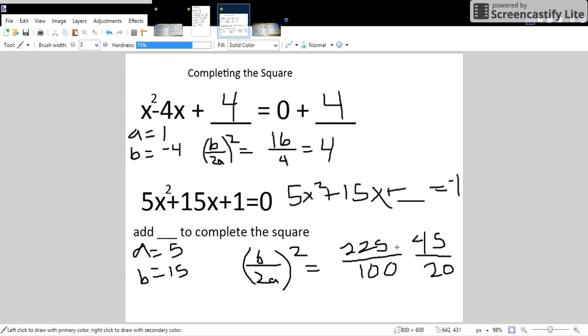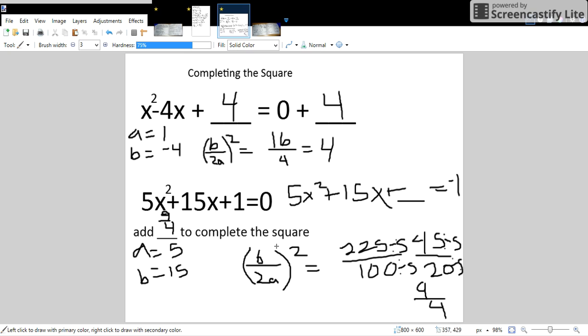Again, you could divide that by 5, so that you get 9 over 4. So you would add 9/4 to both sides to complete your square.